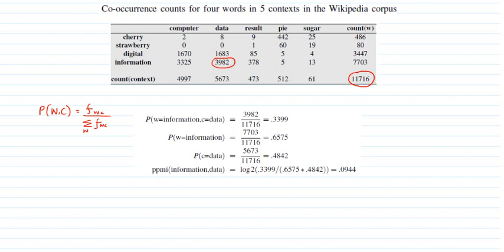It means that this is the frequency of a word in respect of its context: the frequency of information in respect of data, divided by the frequency of all words with respect to all contexts. When all these are added together, we get 11,716. So we get P of W equal to information, comma context equal to data, as 0.3399.